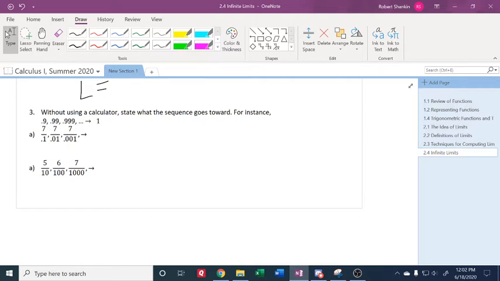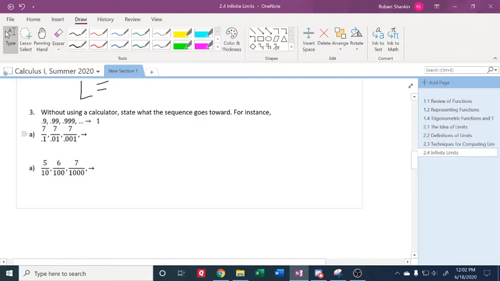Okay, anybody need more time? Okay, let's look at these. So this 7 divided by 1/10 is really asking how many times bigger is 7 than 1/10. In other words, how many times do I add 1/10 to itself to get to 7?